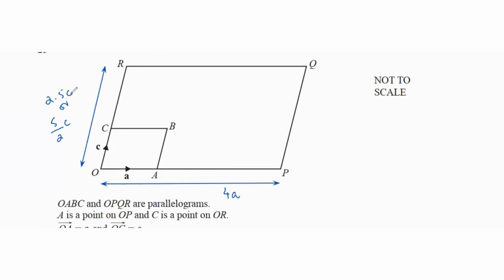So if we divide the entire parallelogram into boxes, just to get a better idea of what the area is going to be, divide these into 4 columns, and we divide these into 2.5 rows.